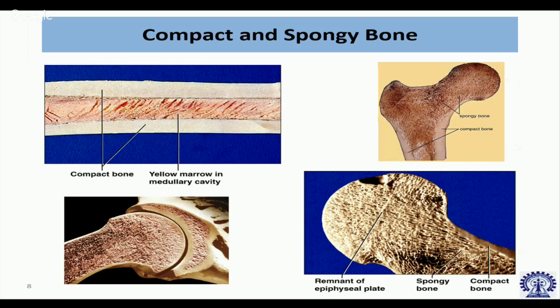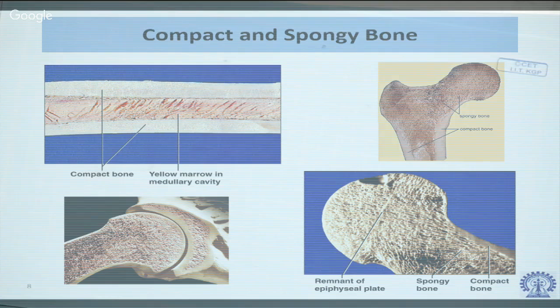The next is the broad classification of the bone structure. Apart from this slide, I would like to show you this sample a little bit later. But you can see we can classically divide bone as compact bone and spongy, trabecular or cancellous bone, as I had spelled out to you earlier.